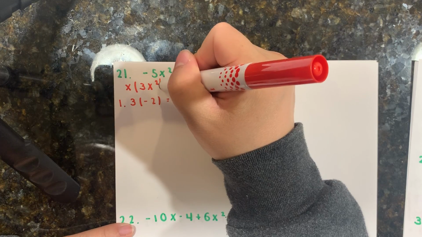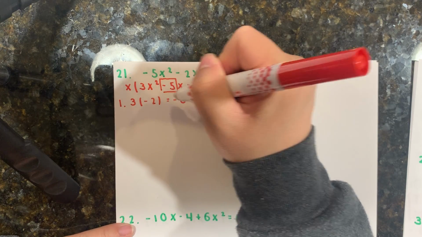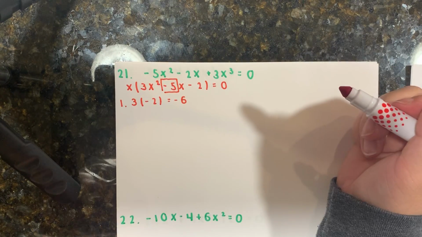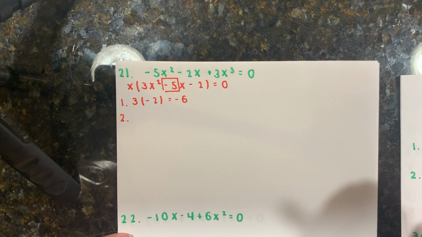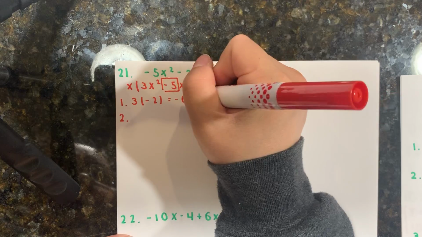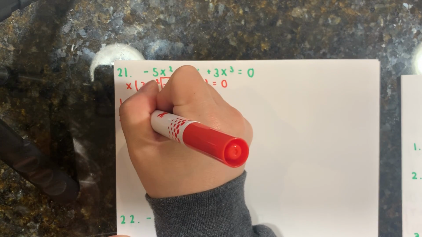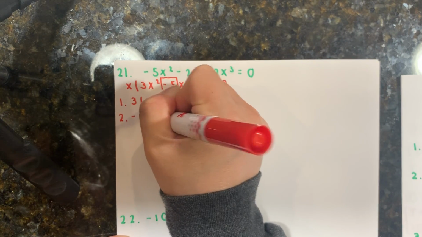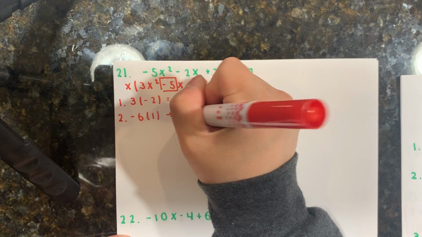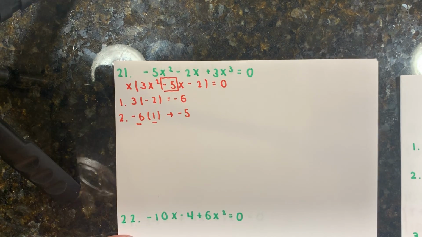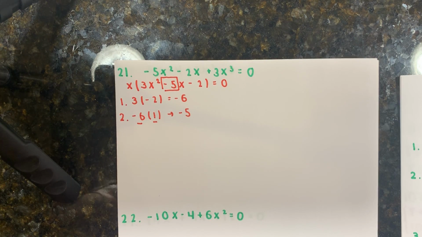Now I need to find two numbers that multiply to give me negative 6 but add up to give me negative 5. Well, I already know it's not 3 and negative 2, but if I do negative 6 times positive 1, that would add up to negative 5. So these two are going to become your two middle terms.